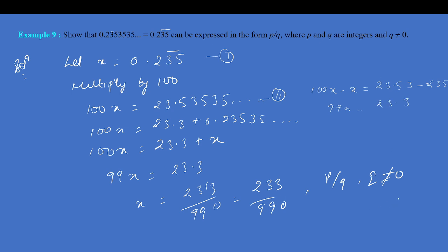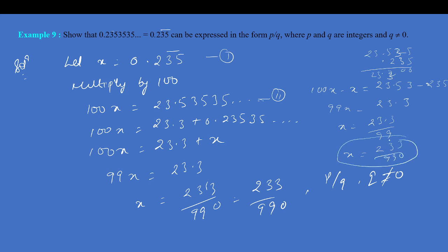Simply if you check, 23.53 less 0.23, so 23.3. So x is equal to 23.3 by 99, or x is equal to 233 by 990.